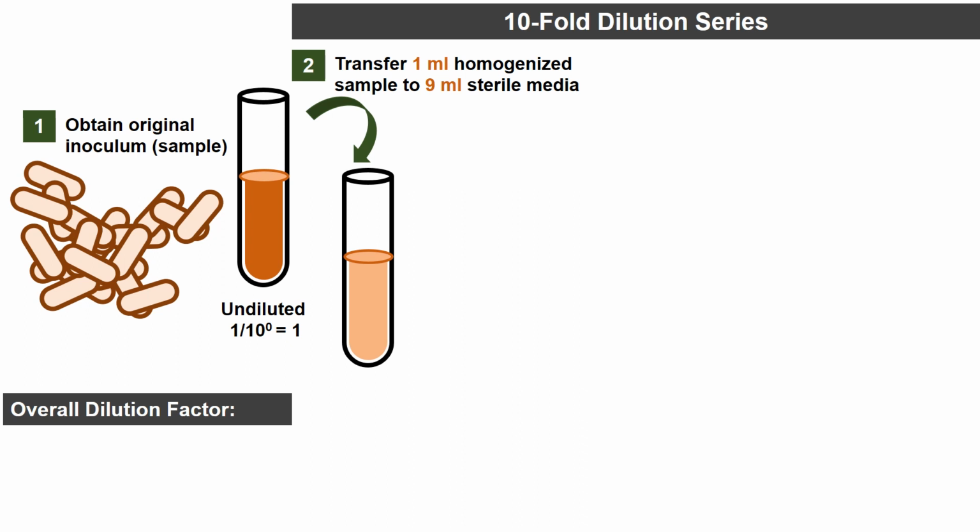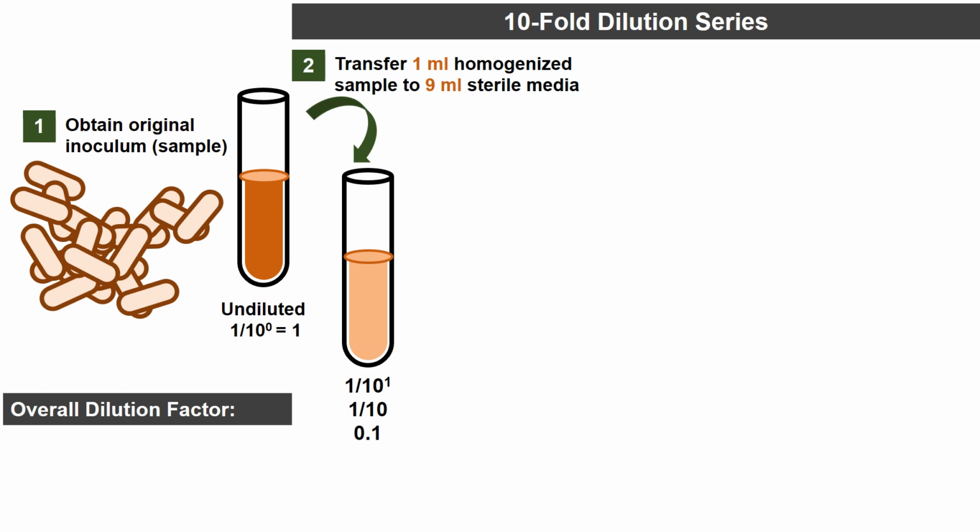What is our overall dilution factor at this point for this particular tube? Well, we kind of already said it, but let's write it down. It's a tenth, because 1 ml of the sample is in a total volume of 10 mLs. One divided by 10 is 0.1.